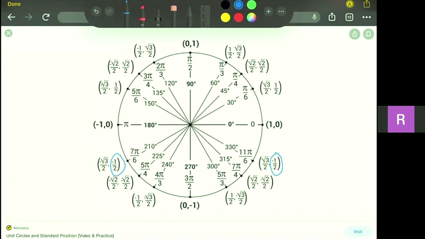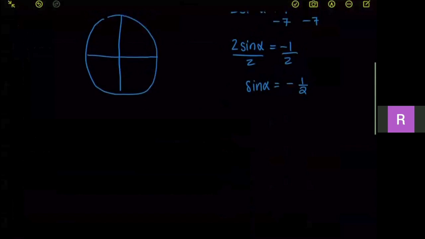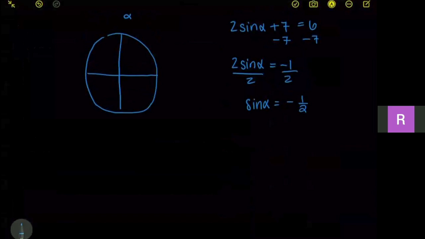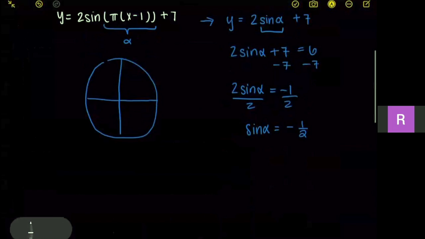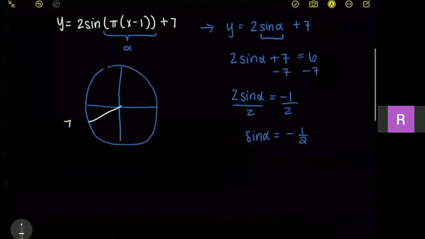So our values at these two places are going to be 7 pi over 6 and 11 pi over 6. So we can now draw these out on our new unit circle. Over here is 7 pi over 6, and over here is 11 pi over 6.